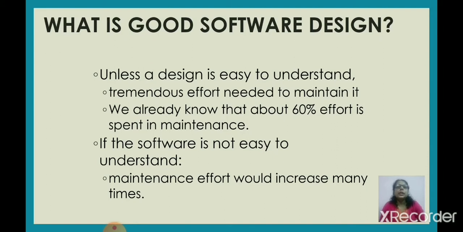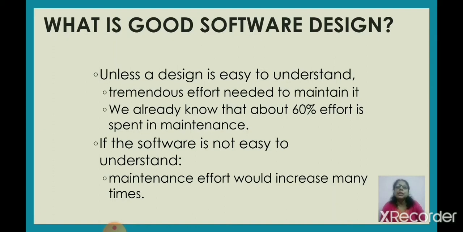So why is understandability important for good software design? Unless a design is easy to understand, tremendous effort is needed to maintain it. We already know that about 60% of effort is spent in maintenance. That means from the beginning we know that the main effort is used in the maintenance phase.